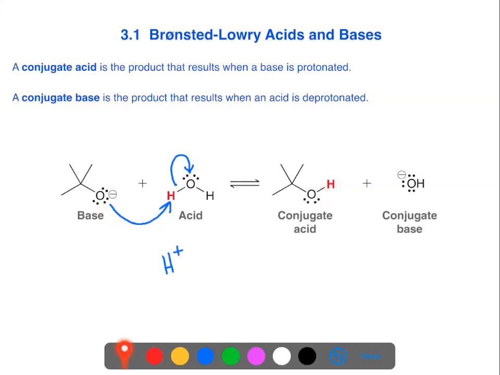So it's important to remember that proton transfers involve the transfer of a proton, H+, from one molecule to another, whereas the hydrogen atom is the atomic hydrogen with its single electron, and we'll see later on in the course when hydrogen takes on an additional electron, we refer to it as the hydride.